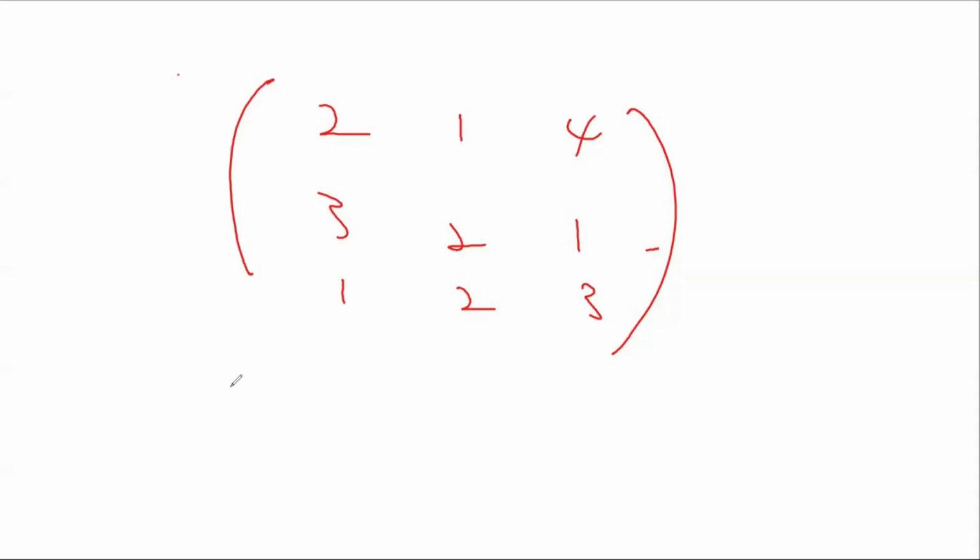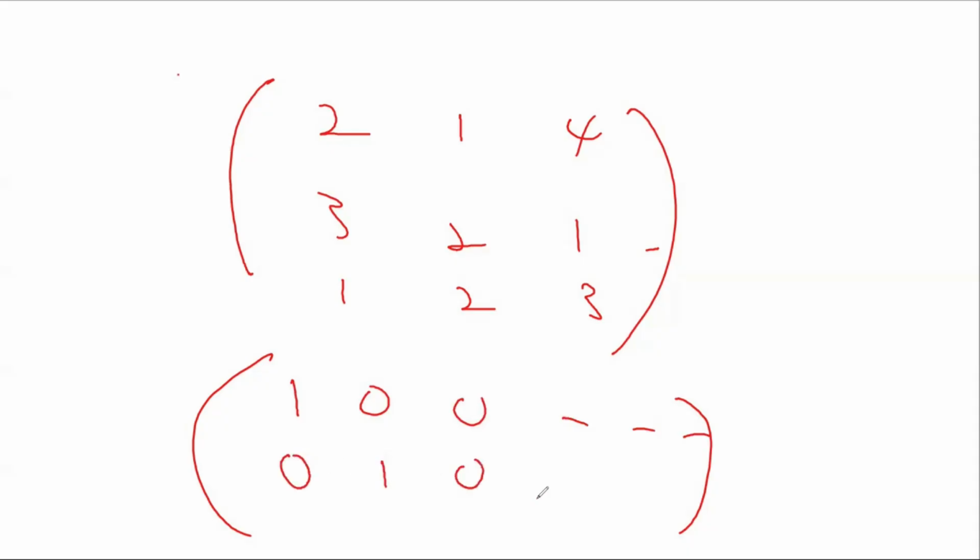And your aim, most of the time, not all the time, is to get a matrix where you have maybe a 1 here, a 0 here, a 0 here, some other number here, a 0 here, a 1 here, a 0, and a set of numbers here. Remember this already? You start looking like the unit matrix. A 0 here, a 0 here, a 1 there, and some other things here.